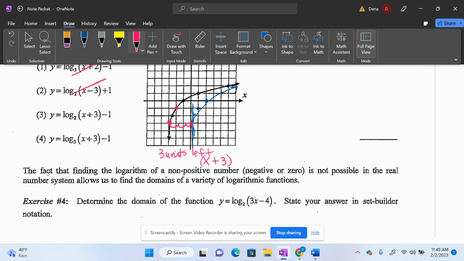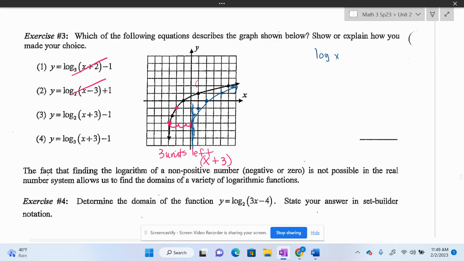So if I pick the point (1, 1), do you guys see this point right here? Does everyone see this ordered pair (1, 1) on the graph that is given to us? Not the one that I drew, but on the one that's given to us. I'm going to take the ordered pair (1, 1) and plug it into both of these. So I want you to see what that looks like.